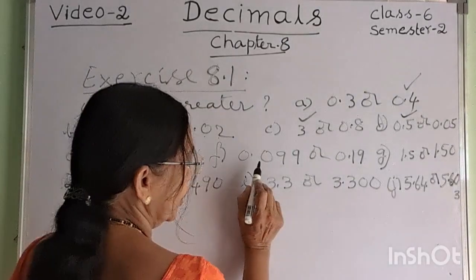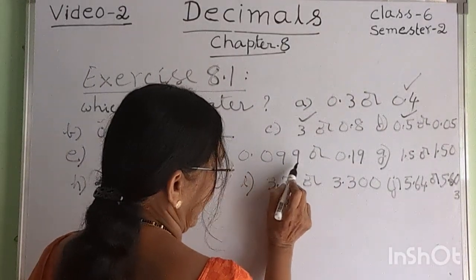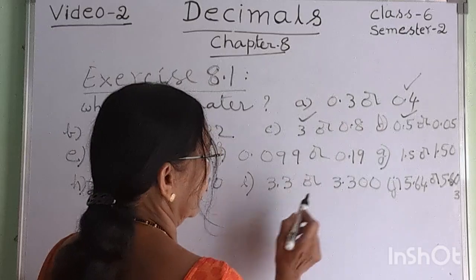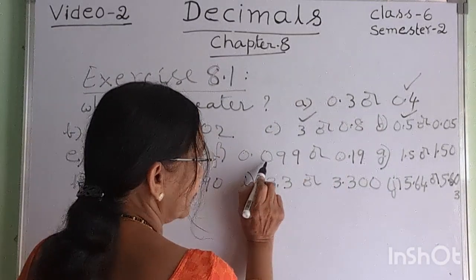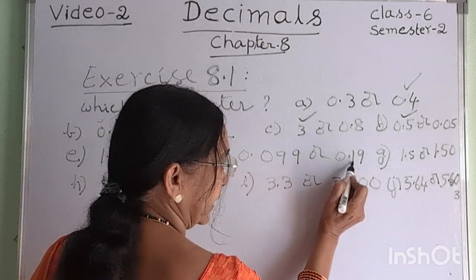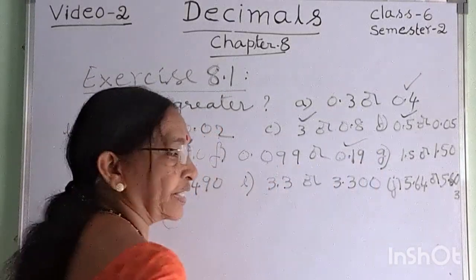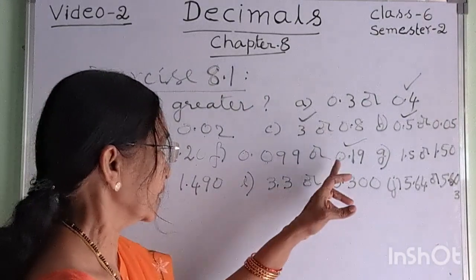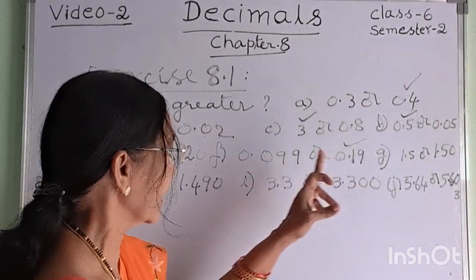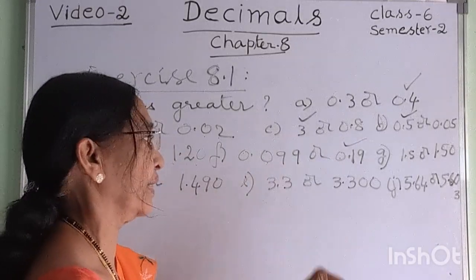Next, F, 0.099 or 0.19. Here in the ones place 0, equal. In the tenths place, here it is 0, but here it is 1. Therefore we need not compare the other digits. So 0.19 is greater than 0.099.